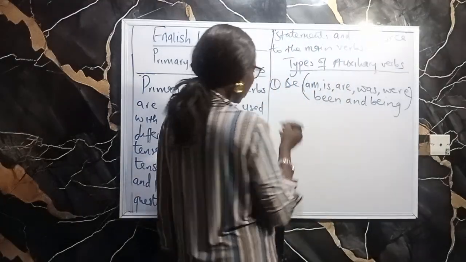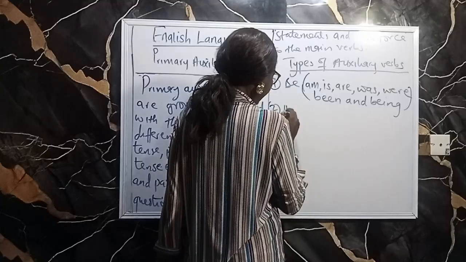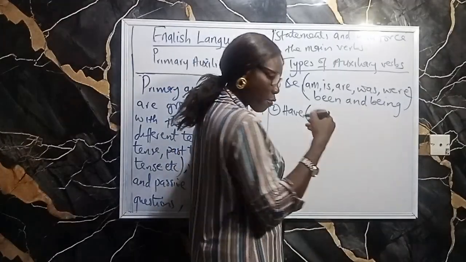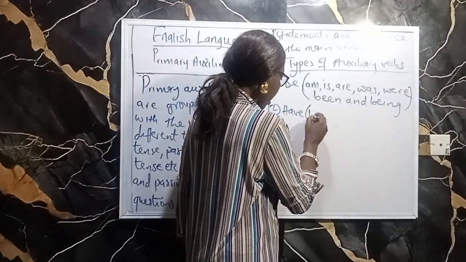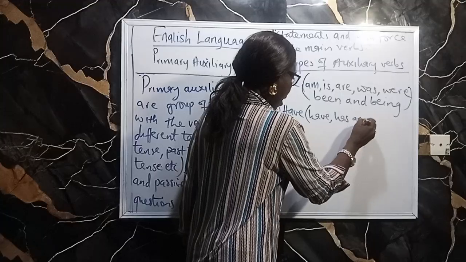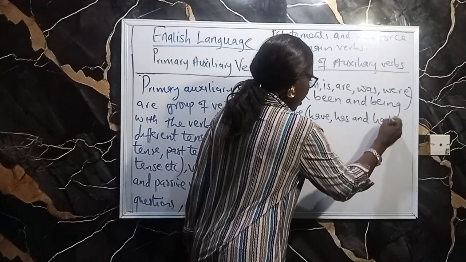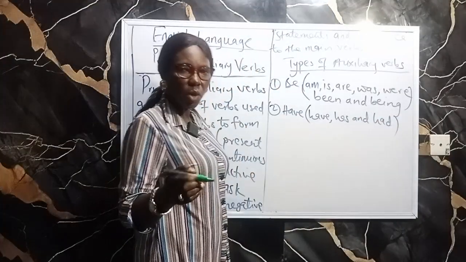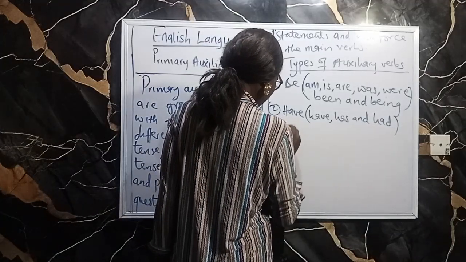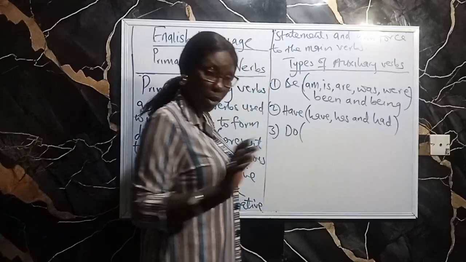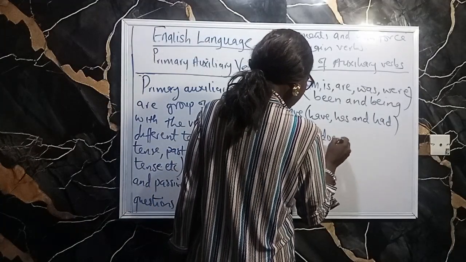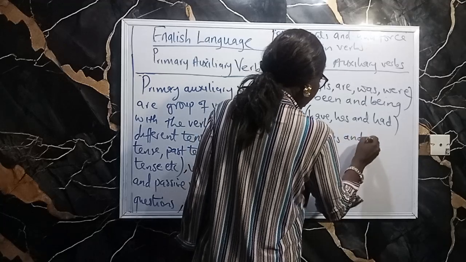Then the second one, we have the verb have. Under have, we have also 3 forms like have, has, and had. Then the third one is the verb do. It has 3 forms too. They are do, does, and did.